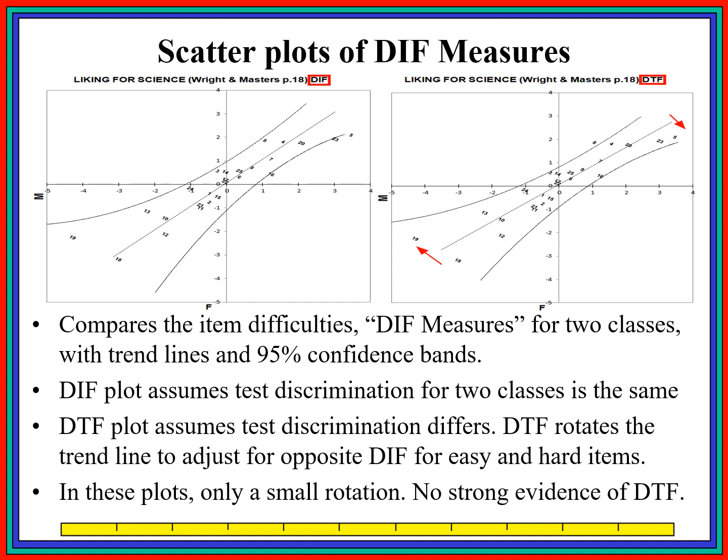So items outside those confidence bands, which are only approximate, but outside the confidence bands, are the items that are unlikely to have happened by chance, and the difference between the items can be read between the difference between the values on the horizontal and the vertical axis, the x and the y axis.